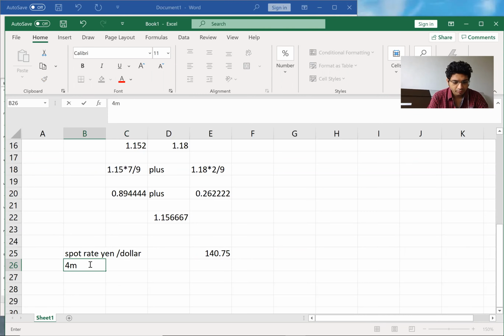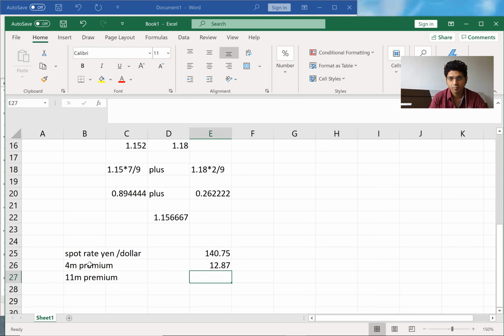4 months premium is given as 12.87. Okay, 11 months premium is given as 7.87.